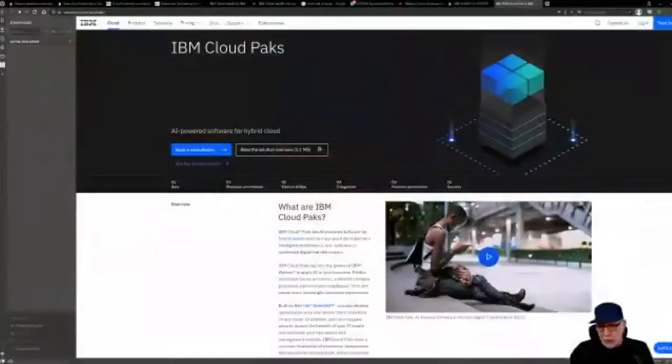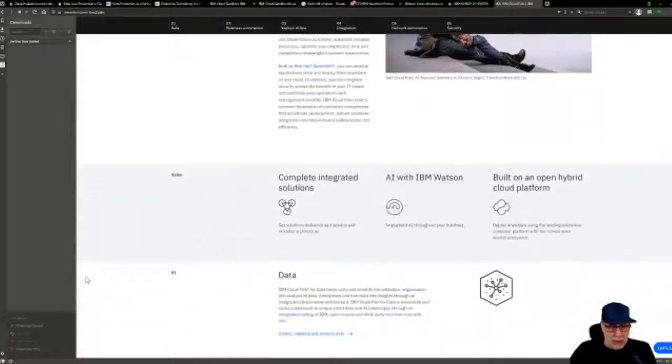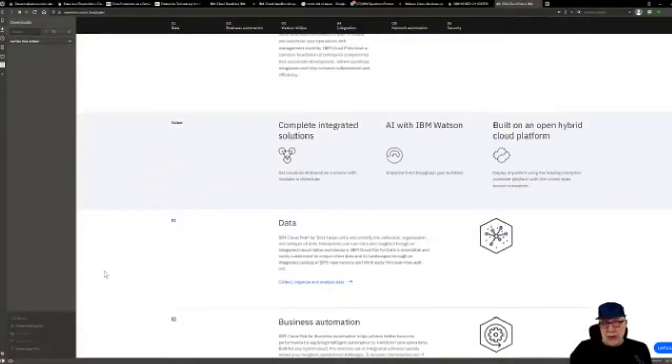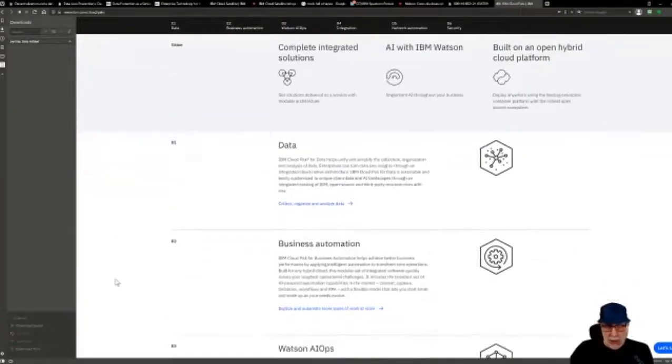Cloud Paks are pretty well documented. In fact, if you go on the IBM website, you can get a lot of information about what Cloud Paks entail. They are designed to be facilitators for integration, automation, modernization, write once, run anywhere.